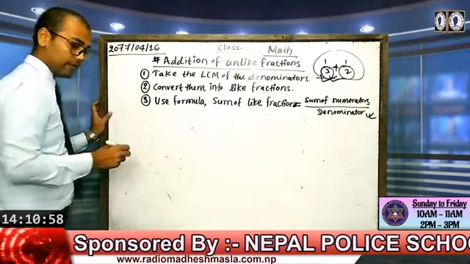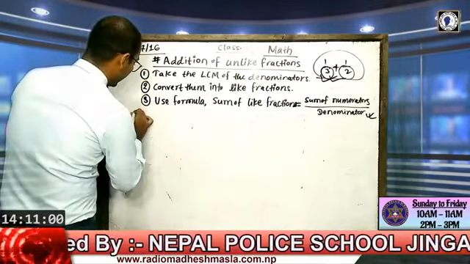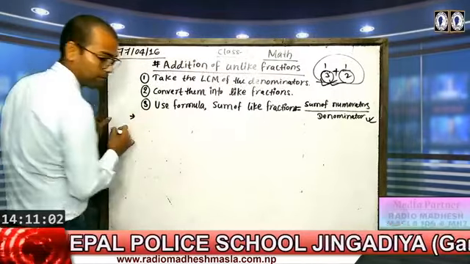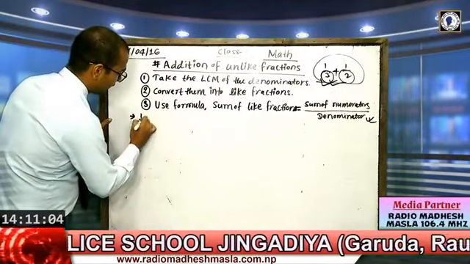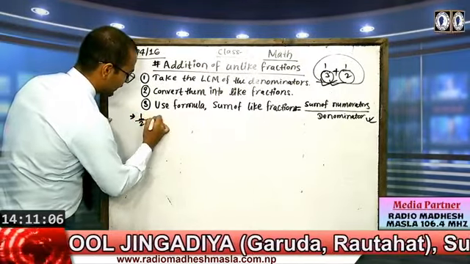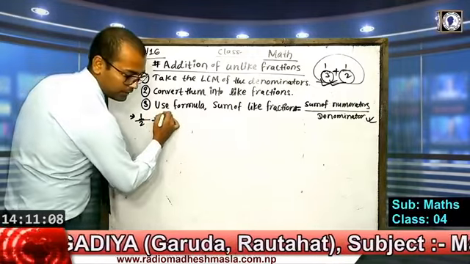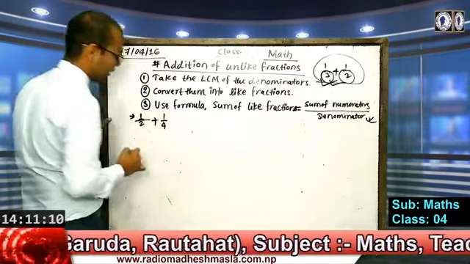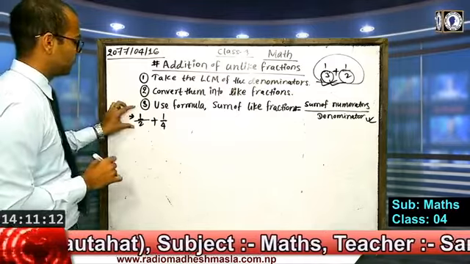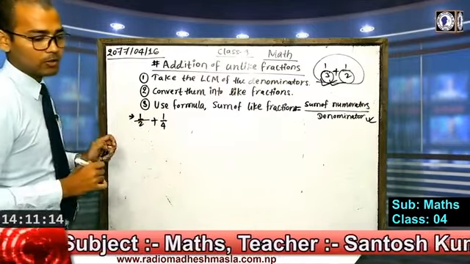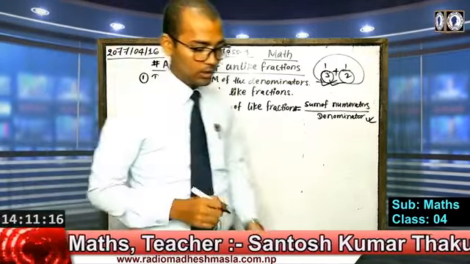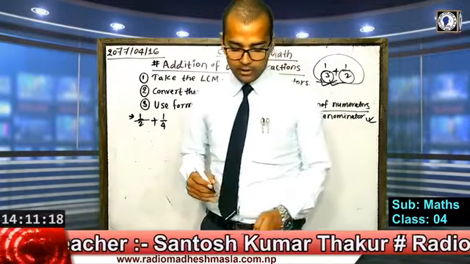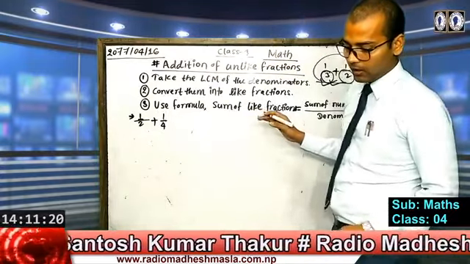Suppose in the first question we are given 1 by 2 plus 1 by 4. Students, here 1 by 2 plus 1 by 4. First of all, we should change them into like fractions.